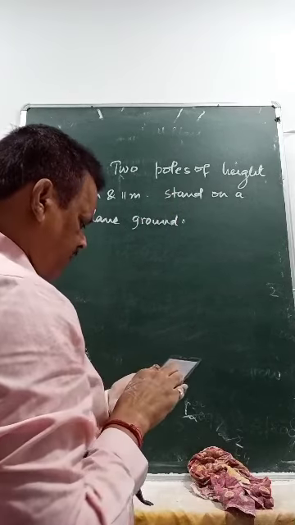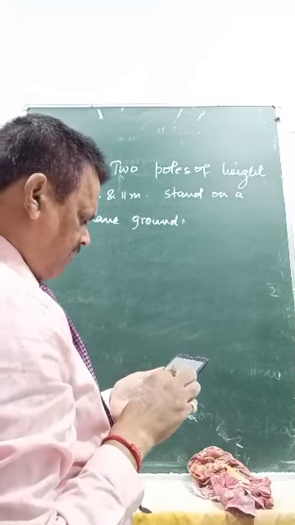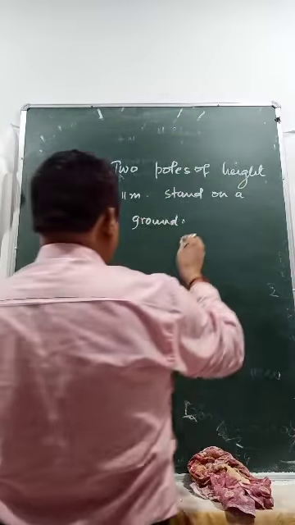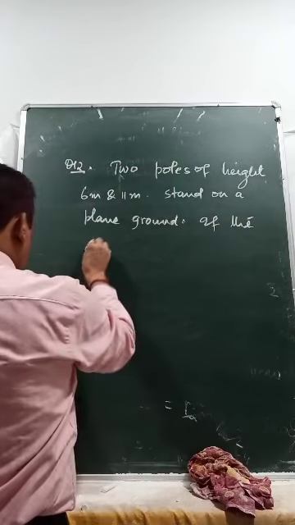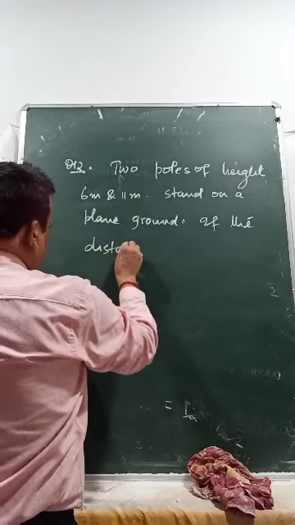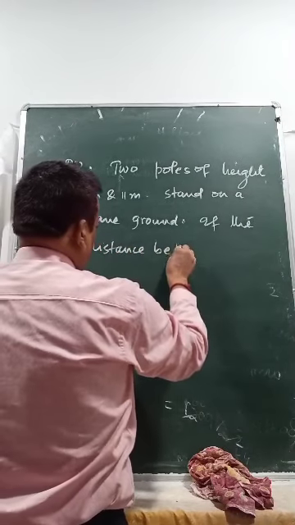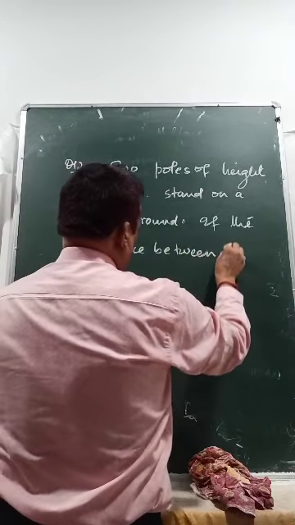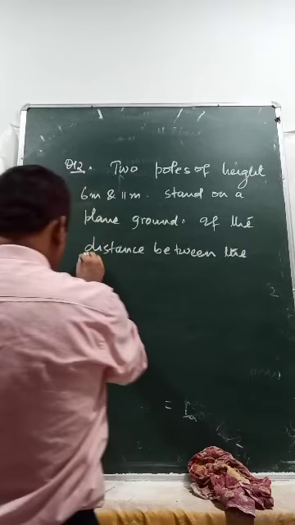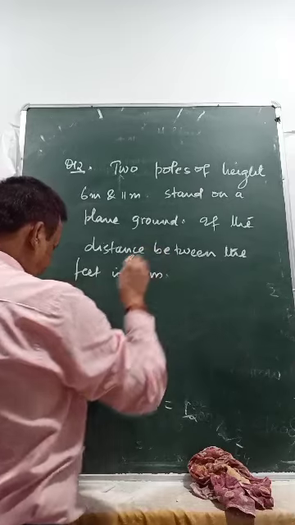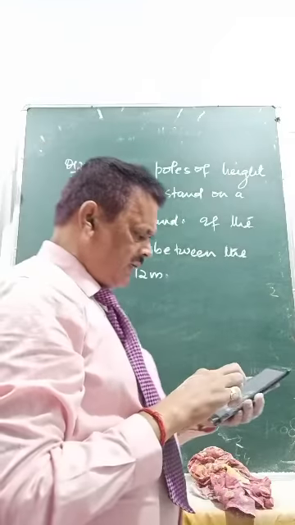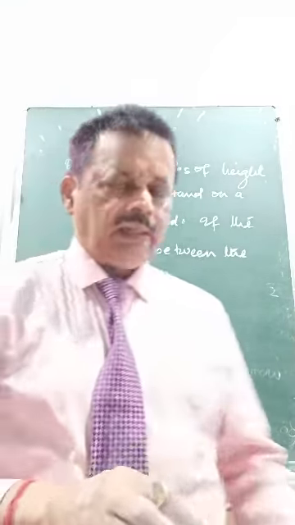Okay. If the distance between the feet of the pole is 12 meter, find the distance between their tops.